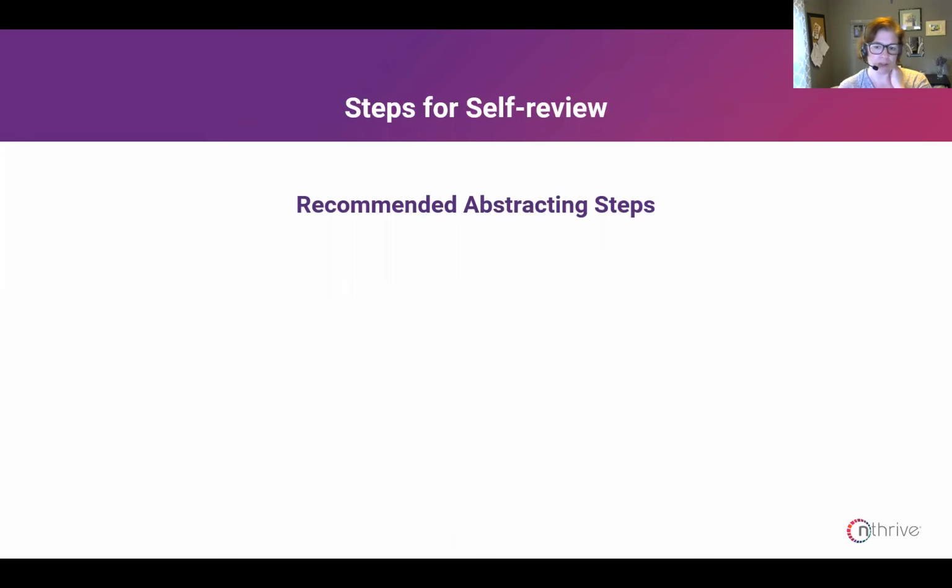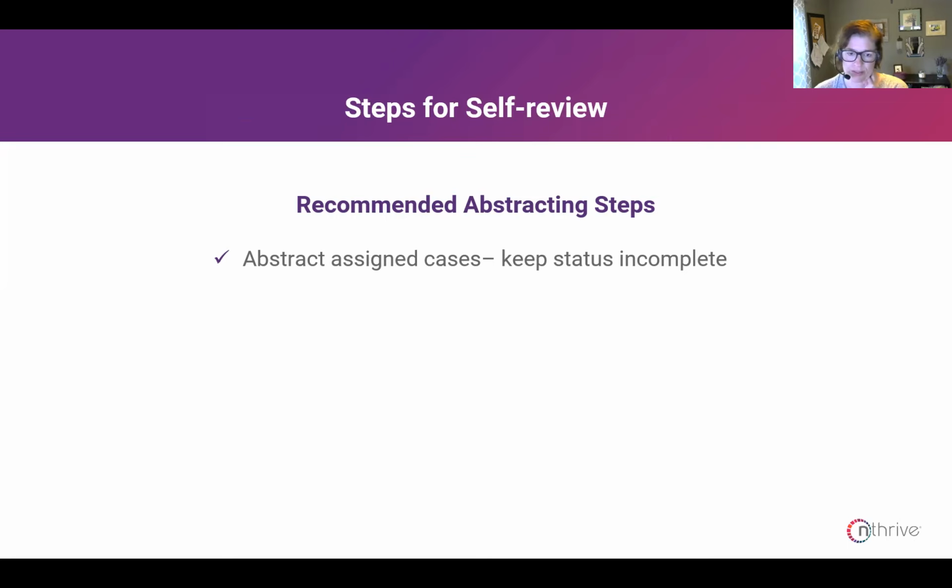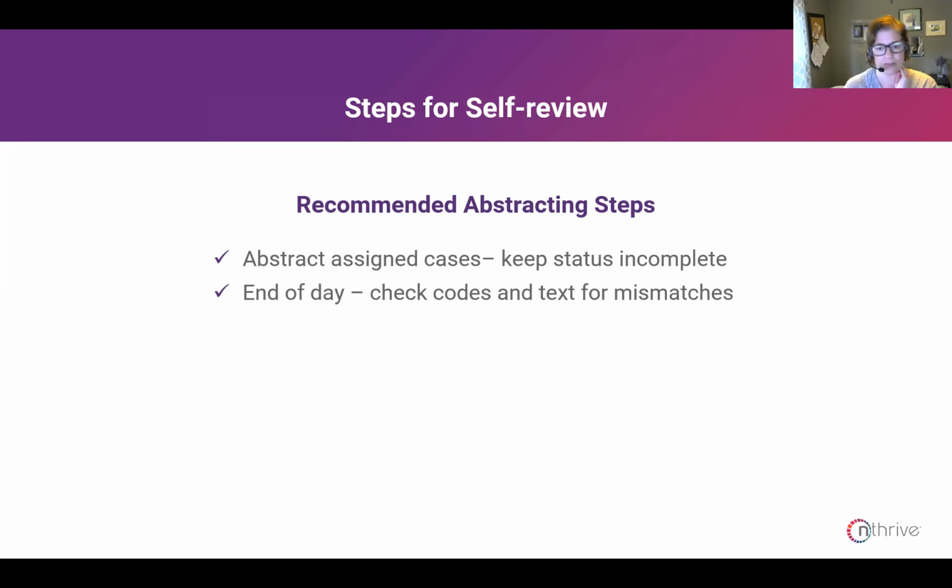What do we normally do when abstracting a case initially? Here are some recommended steps. Step 1, we abstract all our assigned cases for the day. Step 2, at the conclusion of our day, we skim over each abstract to ensure the codes match our text and we've captured a concise patient story.